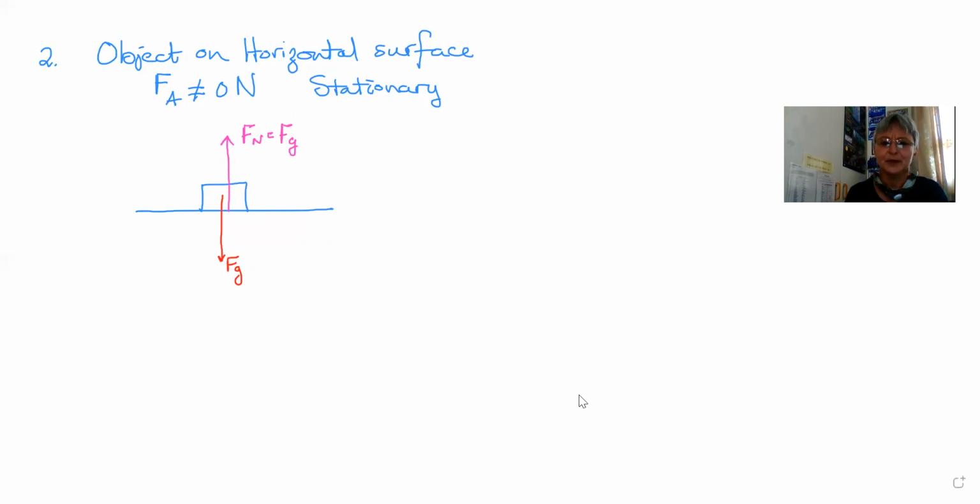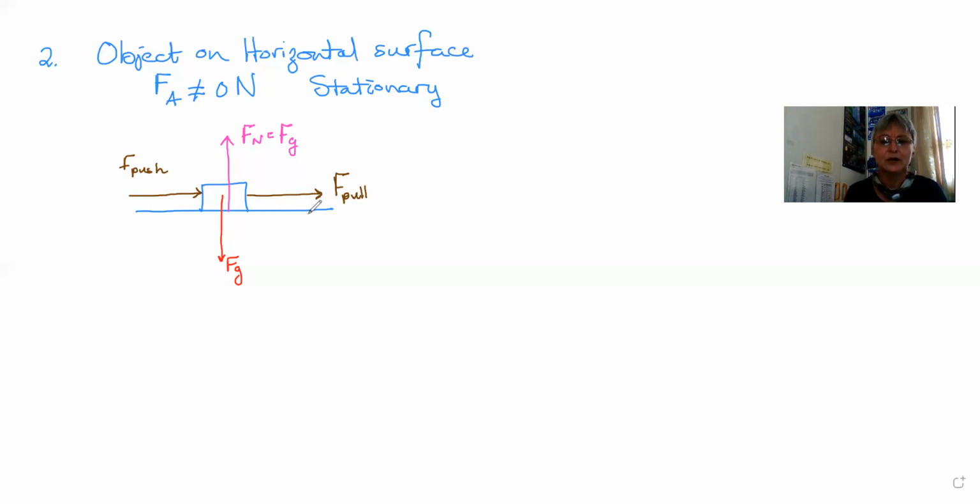It doesn't matter whether you consider a pulling force as the applied force or a pushing force as the applied force. It would be an applied force. Either one, pulling or pushing, would be the applied force.